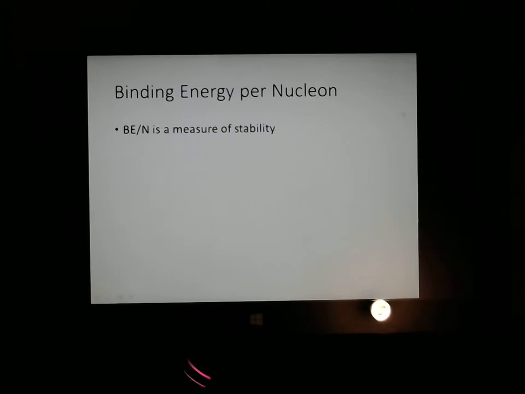And finally, fusion is energetically favourable because the binding energy per nucleon increases as you move from a higher mass to a lower mass totality. So if you're unsure about how to calculate binding energy, you will need to go back and have a look at that other video, because that's key for looking at both fission and fusion.